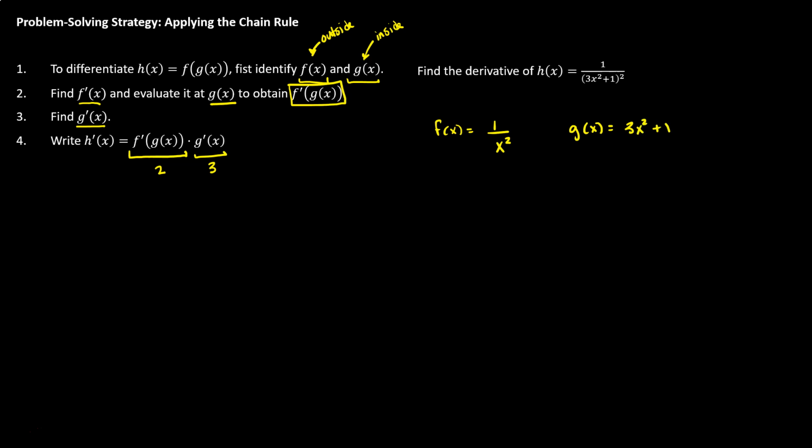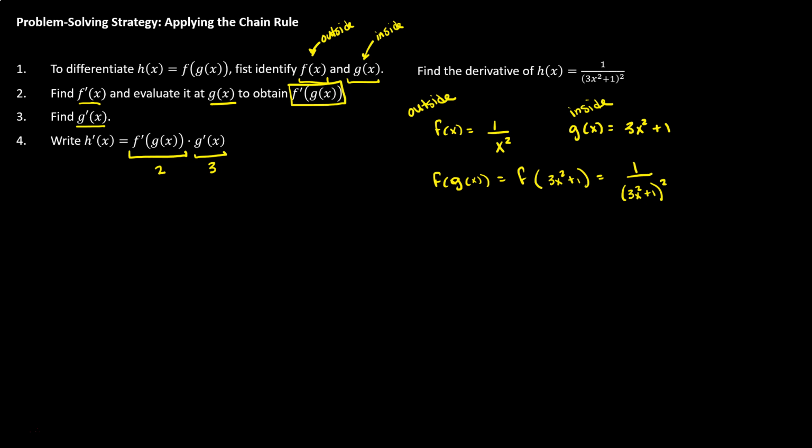And if we wanted to test that we did that correctly, we could write our composition f of g of x, where we're taking f and plugging 3x squared plus 1 into it. And if f is 1 over x squared, then we would replace that x with 3x squared plus 1. So that would be our composition. So we have our outside function, we have our inside function.